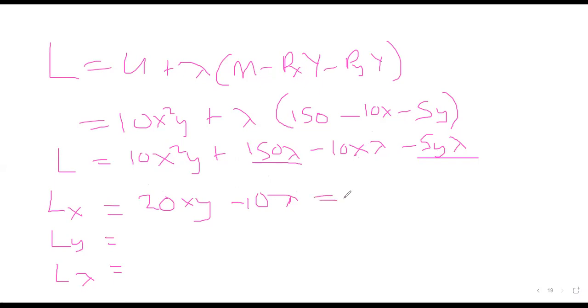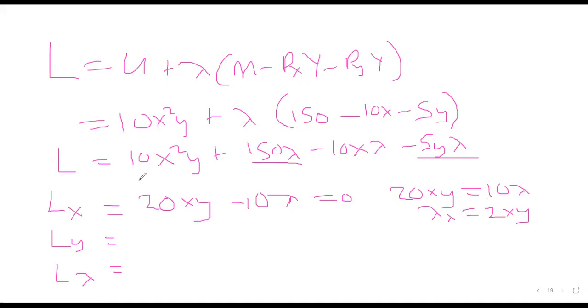So when we equate this to 0, the lambda comes this side. So 20xy is equal to 10 lambda. So lambda for x will simply be divided by 10 both sides. We're going to have 2xy.